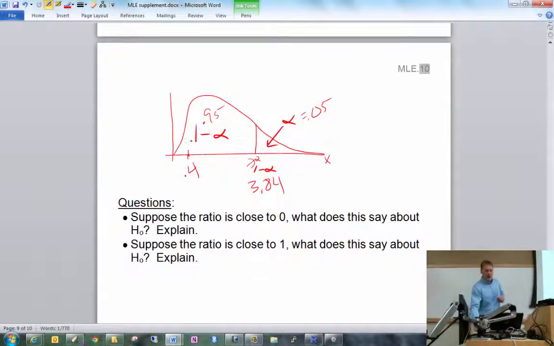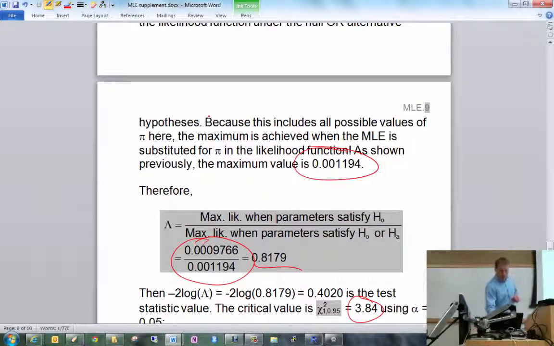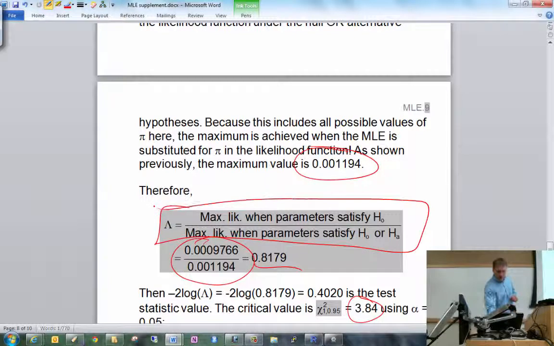So when I'm taking this ratio, if it is close to 1, that says the maximum possible value of the likelihood function when the parameters satisfy H0 is very close to the maximum possible value of the likelihood function when the parameters satisfy either H0 or HA. So it sounds like what you're saying in H0 is very plausible, because now when you don't have that H0 restriction, you're getting about the same likelihood function. So lambda will be close to 1.